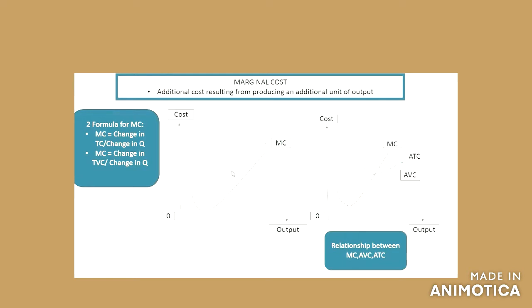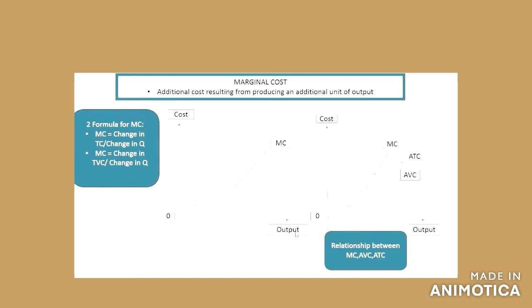So first it will fall immediately because output increases, and reach a minimum point, and then marginal cost will start to increase due to an increase in the total variable cost, because total variable cost has a relationship with output.